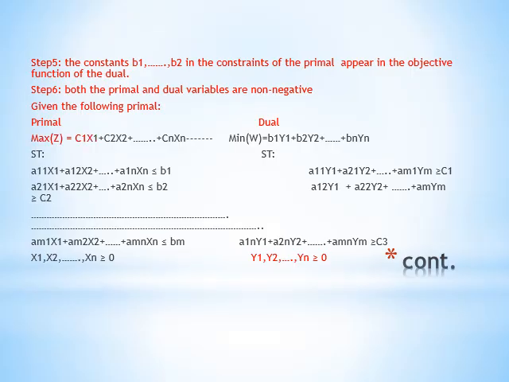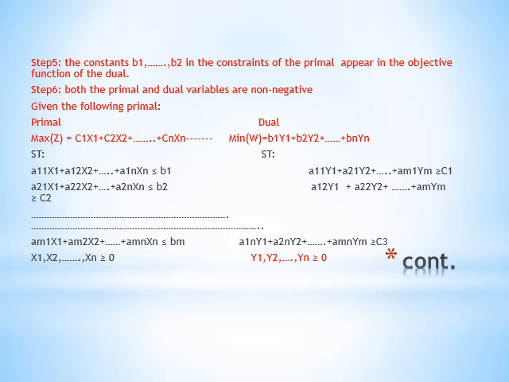Minimization, W. So now C1, C2 and Cn should be removed to what?